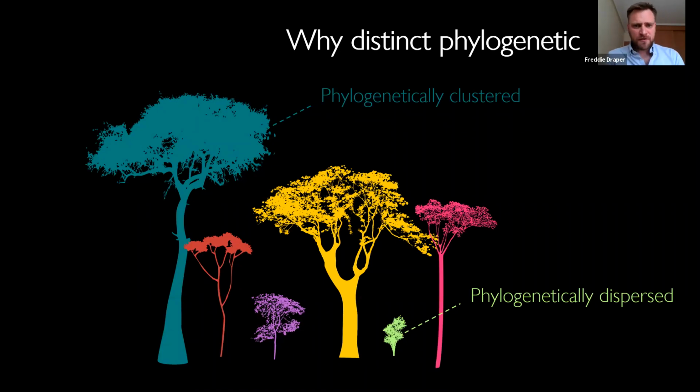The other big result that I showed is that we have these very contrasting phylogenetic patterns. These understory hyperdominant species are dispersed across the phylogeny, whereas the large stem species are clustered. They're phylogenetically clustered, these large hyperdominant species. So what has led to this distinct pattern?